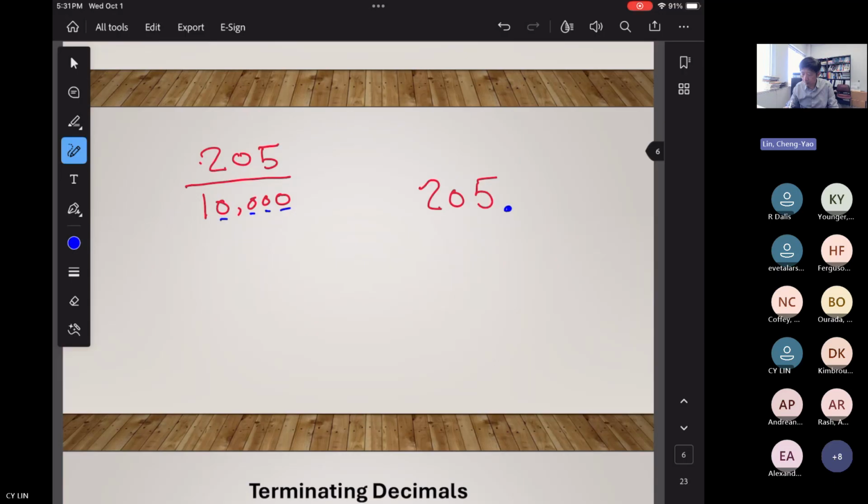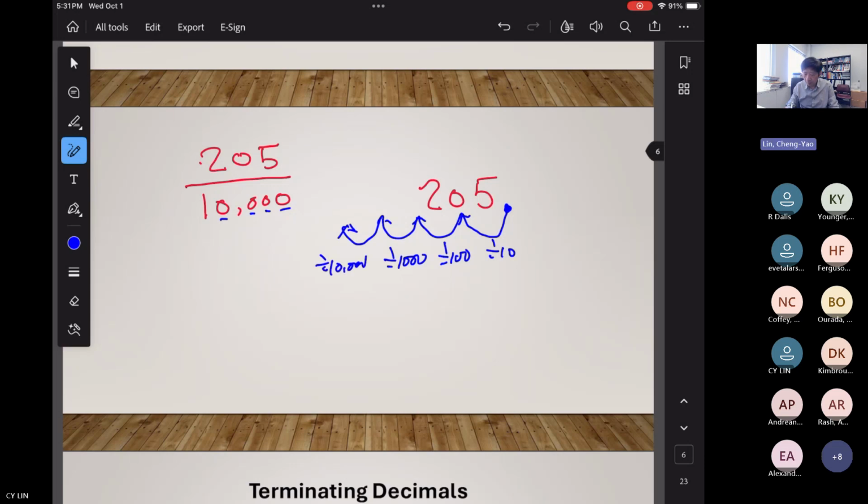So let's move the decimal point. To the left or to the right? Left. Yes, thank you very much. Moving left is the divide by 10 right there, divided by 100 there, divided by 1,000 there, divided by 10,000 there.